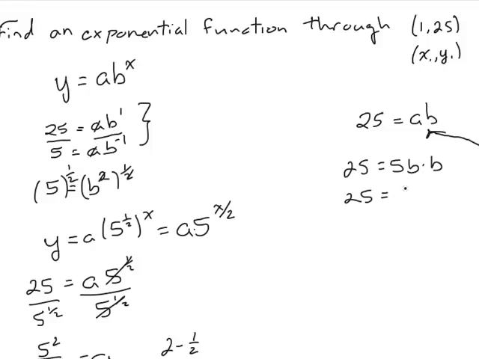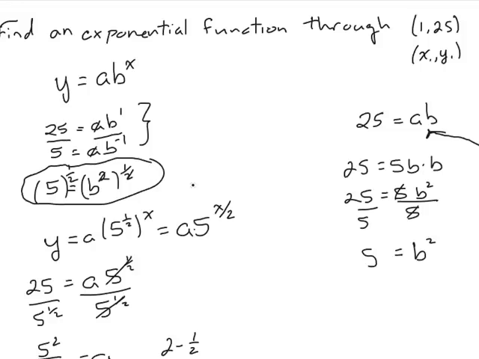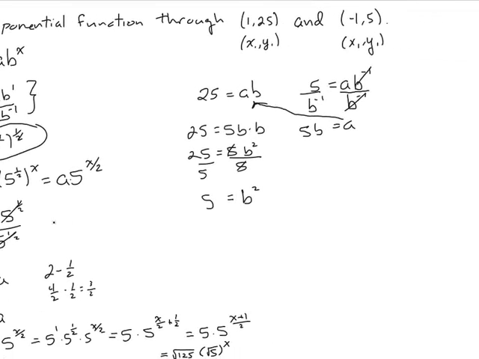So I have 25 equals 5B squared. Divide both sides by 5. I end up with B squared equals 25 over 5, which is 5. And notice we get to this point right here. So we're going to get the same value for B, and then we would do the same thing that we did in the previous method to solve for A.